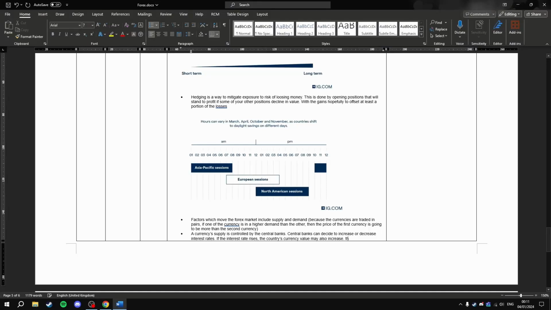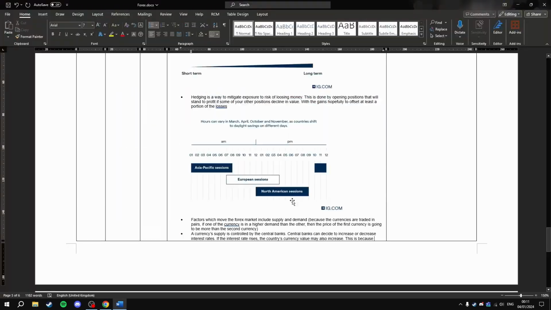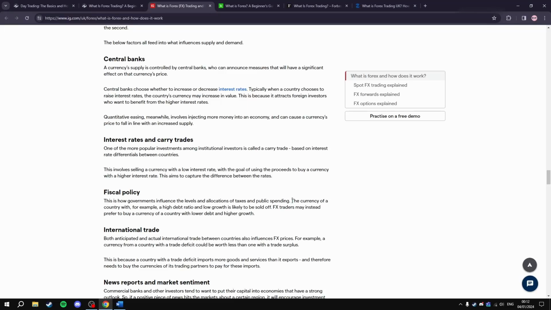Oh, okay. This is because you would want to put more money into that bank because the interest rates are higher. Okay, this is because more foreign investors will be interested due to higher interest rates.